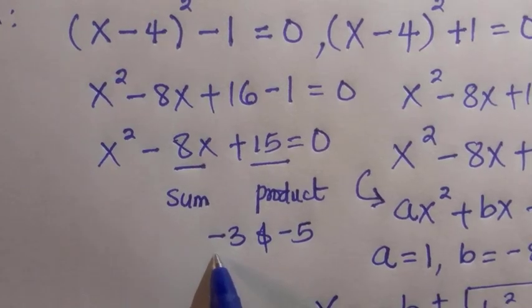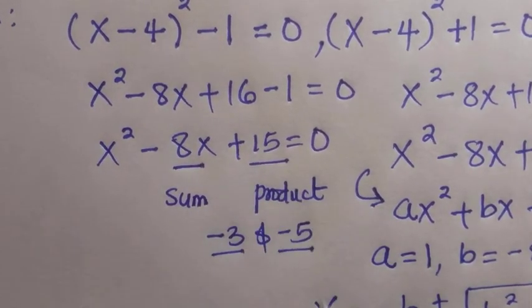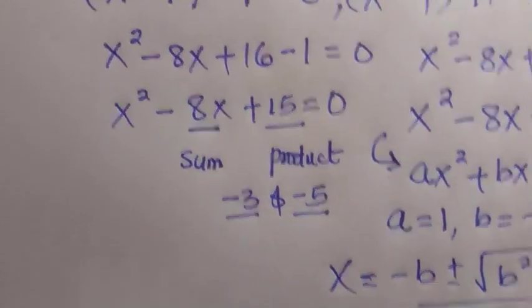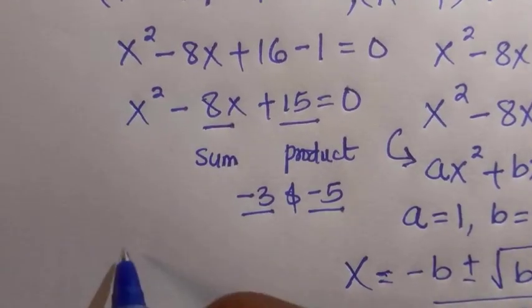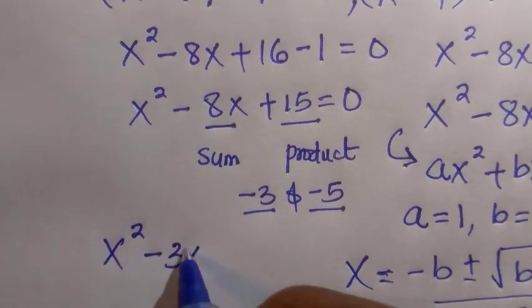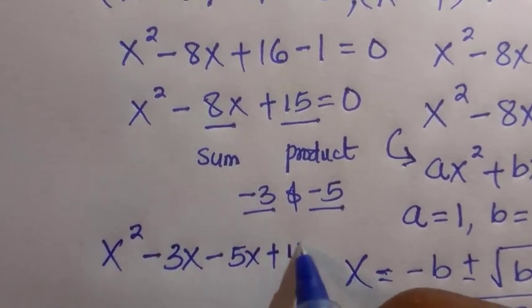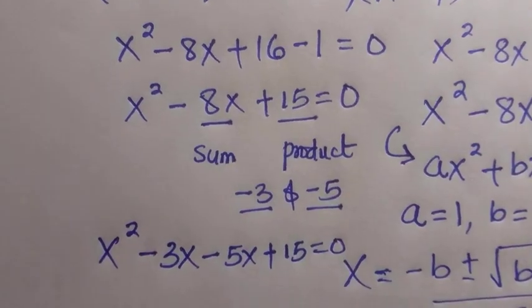The two numbers are −3 and −5. −3 − 5 is −8, and −3 multiplied by −5 is 15. So in this middle term, we replace −8x with −3x and −5x. We have x^2 − 3x − 5x + 15 = 0.